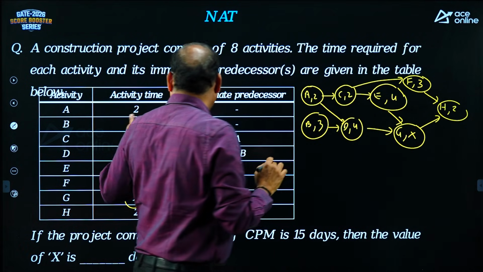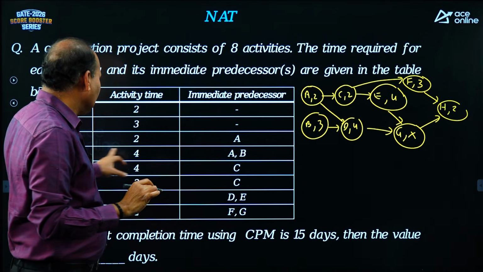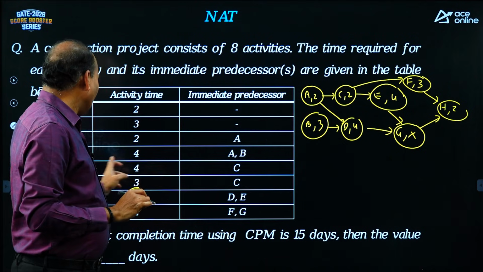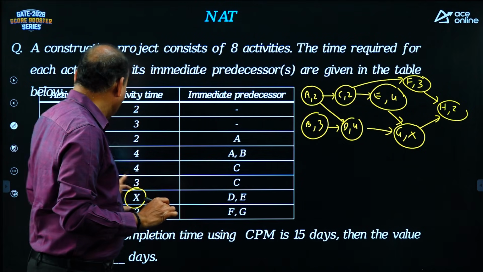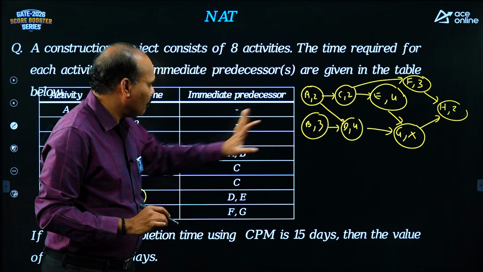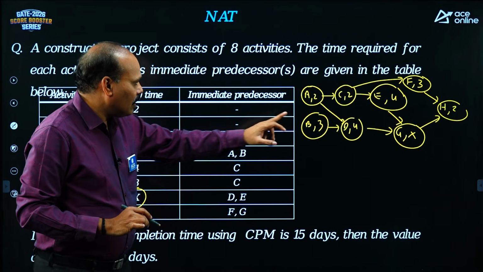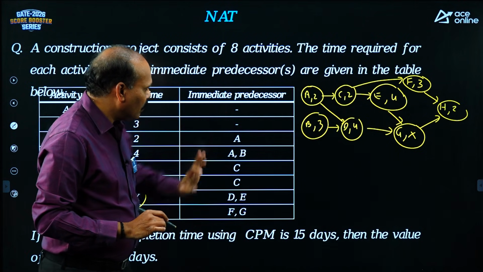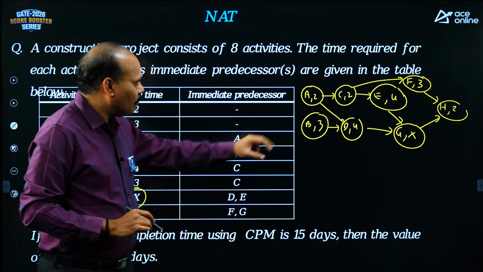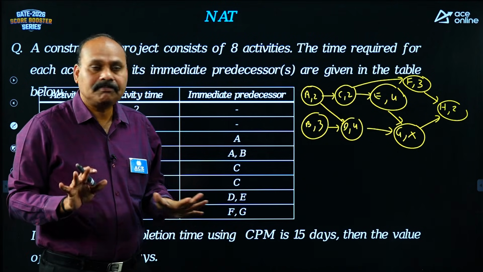Check it out. A no condition, B no condition, C after A, D after A, B, right? E after C, F after C, G after D, E, perfect. H after F, G, absolutely fine.